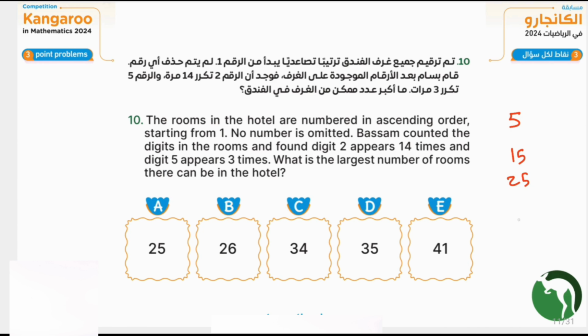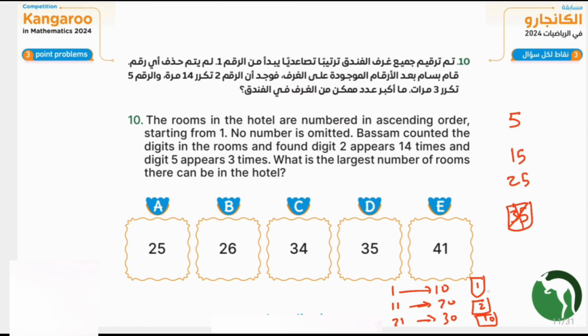We have the digit 2 appears 14 times. So if we check from 1 to 10, we have the number 2 repeated 1 time. From 11 to 20, repeated 2 times. From 21 to 30, we have 2 repeated 10 times.